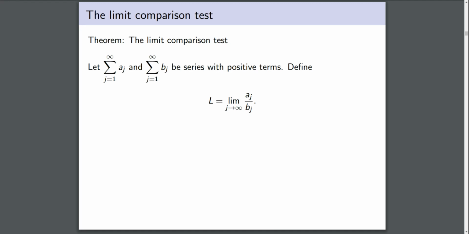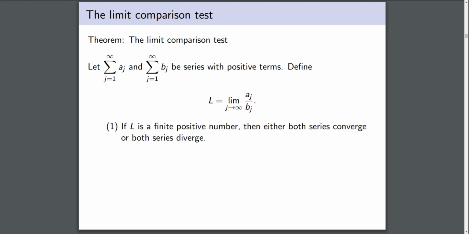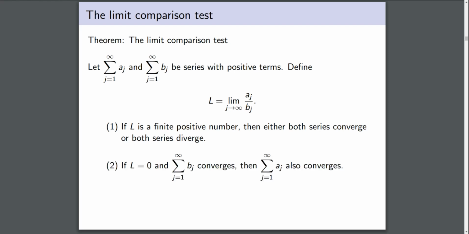So there are three possible cases we can have for the value of this limit L. First, L can be some finite positive number, and in this case, either both of our series converge or both of them diverge. The second case, if this limit is 0, and the series that we put on the bottom of the fraction converges, then the series on the top also converges.